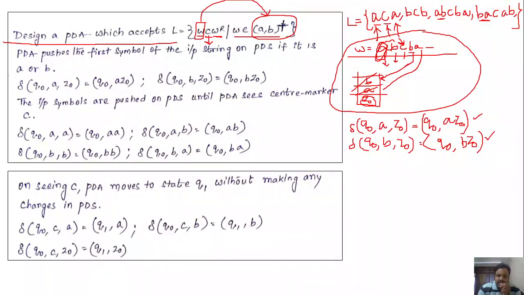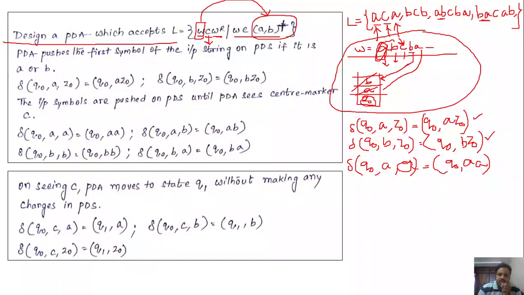The next thing is that the second character could be either A or B. Irrespective of the symbol, whether it is A or B, we have to push that symbol onto the stack. So in q naught, if the input is A and the top of the stack is A, we will be in the same state q naught and push A A onto the stack.